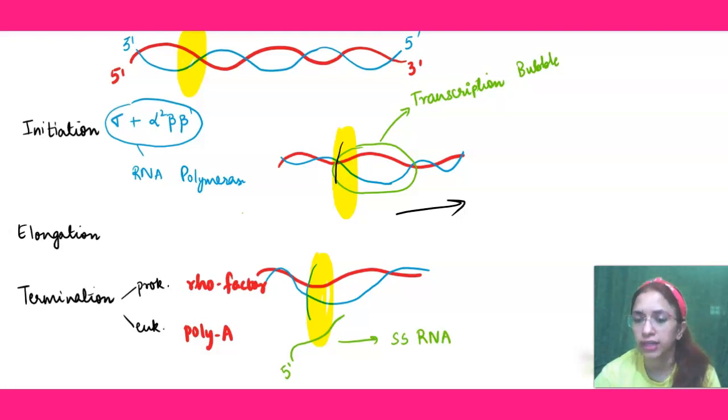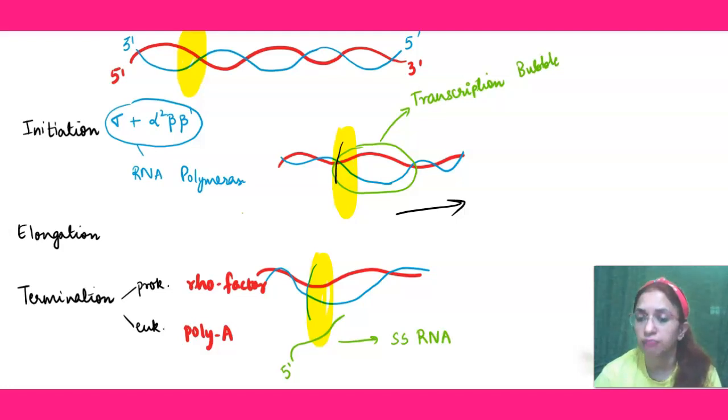The terminating end would be the one that will help in the termination process. So in prokaryotes, there will be a protein known as Rho factor that will get associated and bring about the transcription end, right? Whereas in eukaryotes, poly A means many adenine bases will be found in the terminating site, and this will bring a halt to the transcription process.